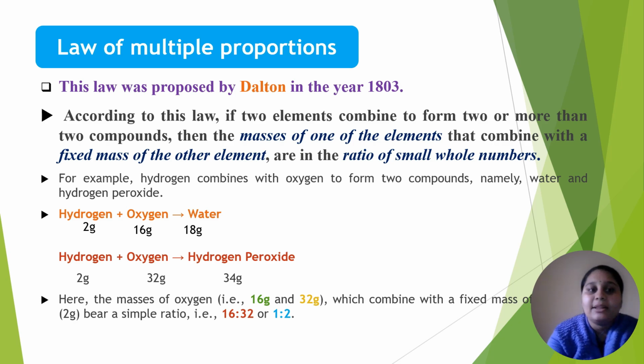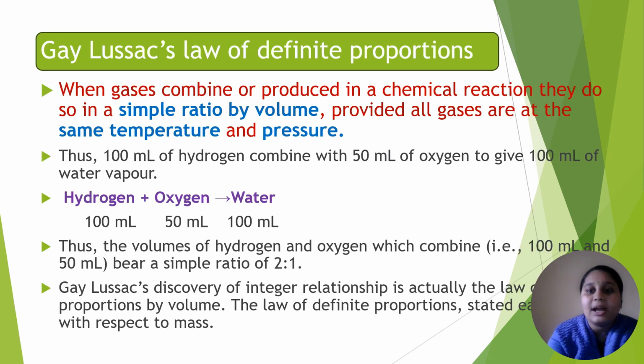In another example, hydrogen plus oxygen gives hydrogen peroxide: 2 gram of hydrogen, 32 gram of oxygen, hydrogen peroxide is 34 gram. So here the masses of oxygen combine in a fixed ratio of mass. In these two examples we can see that 16:32 is a 1:2 ratio.